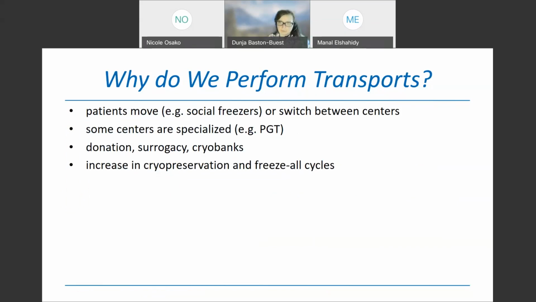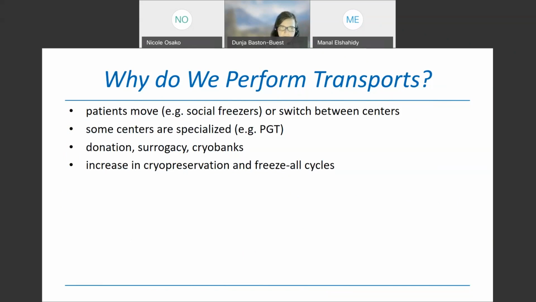Why do we perform transports? Because patients move and patients switch between centers, and especially patients who froze their eggs, for example, 10 years ago, will now work in another city, for example, or another country. There are some centers that are specialized, for example, in PGT techniques, so genetic techniques.